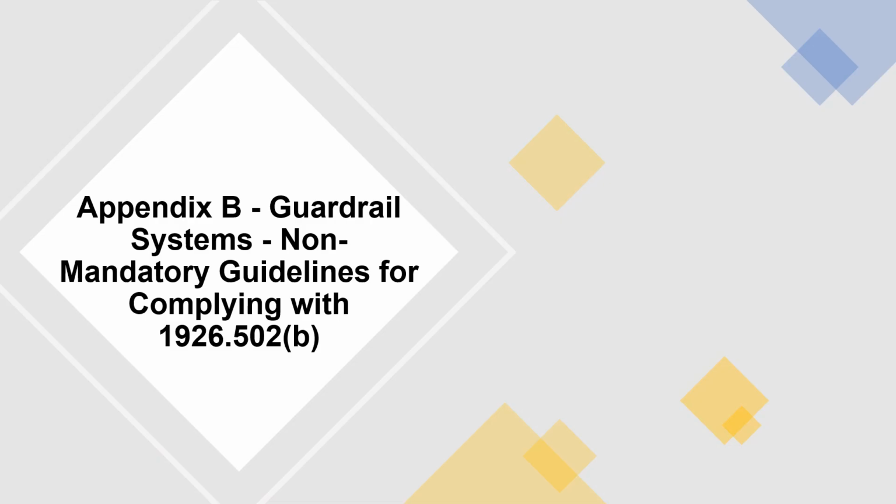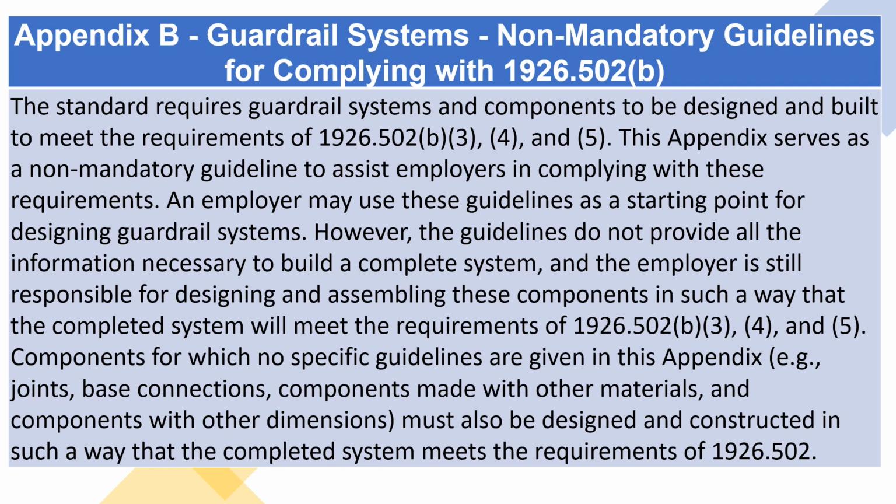Appendix B, Guardrail Systems, Non-Mandatory Guidelines for Complying with 1926.502(b). The standard requires guardrail systems and components to be designed and built to meet the requirements of 1926.502(b)(3), (4), and (5). This appendix serves as a non-mandatory guideline to assist employers in complying with these requirements.